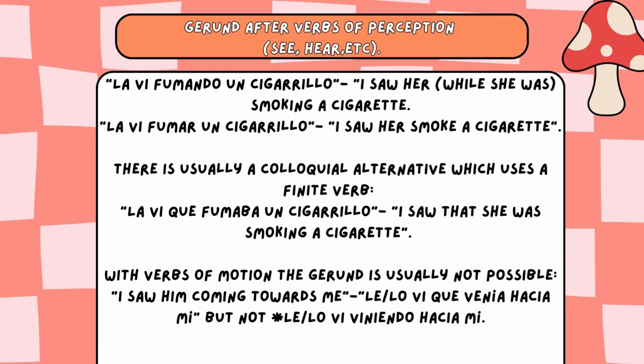After that, we have the gerund after verbs of perception like see, hear, etc. We have that commonly after the verb to see, that is ver, and occasionally after oír, to hear, recordar, to remember, olvidar, to forget.